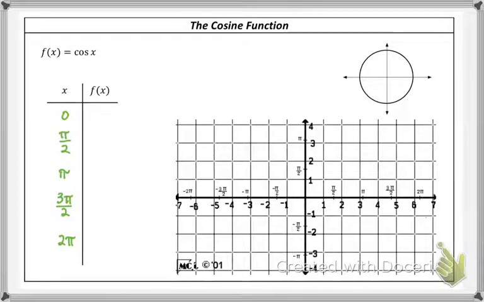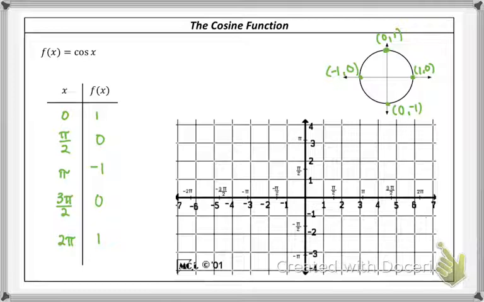So the cosine of 0 radians would be x over r, so in this case x is 1, that would give us 1, and then the cosine of pi over 2, the x-coordinate here is 0, and then the cosine of pi, that would be negative 1, and the cosine of 3 pi over 2 would be 0, and then finally the cosine of 2 pi would be back to 1.